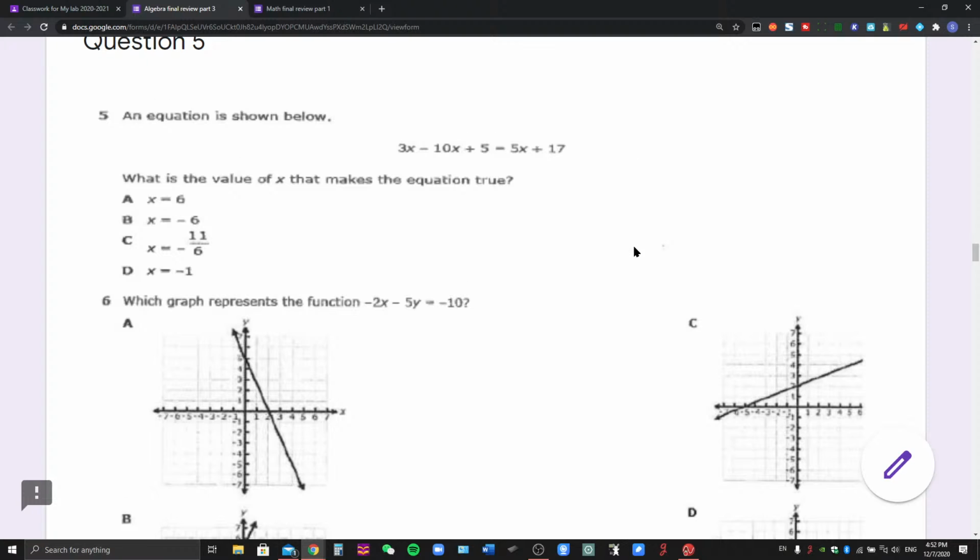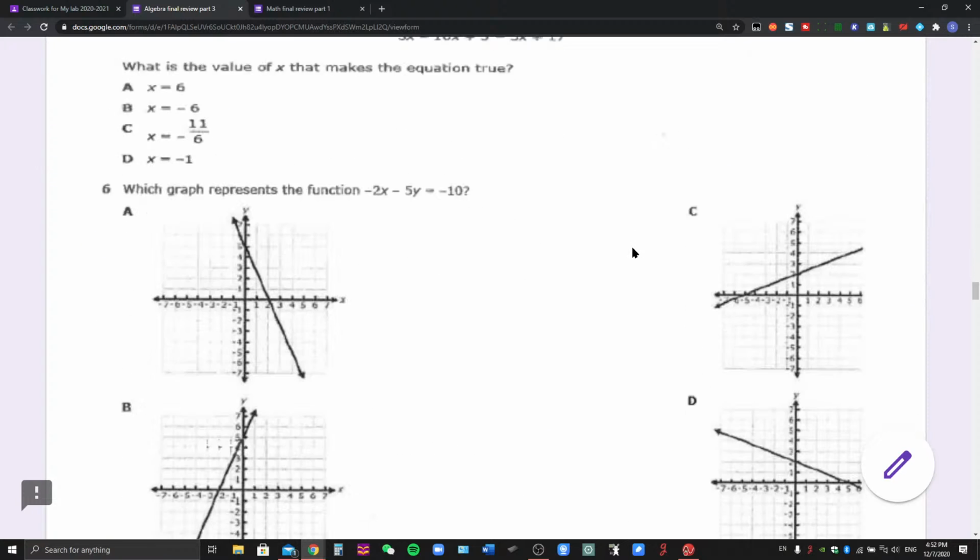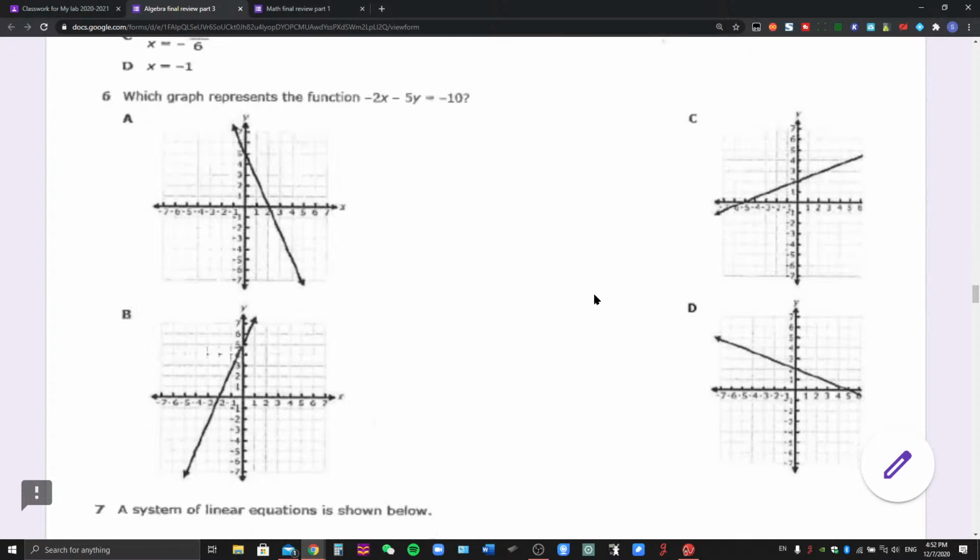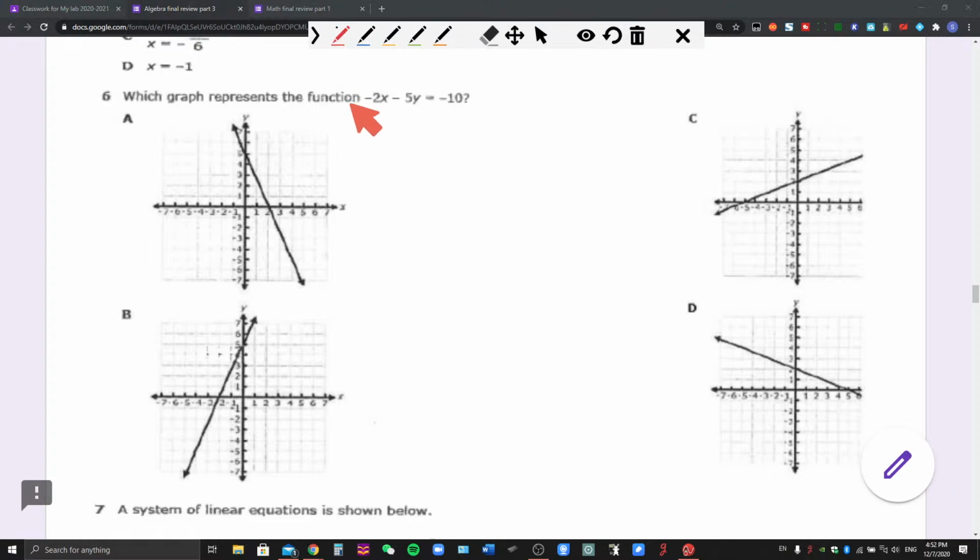Okay, question 6. What is the graph for that function? Negative 2x subtract 5y equals negative 10. All right, there will be multiple ways to do that.